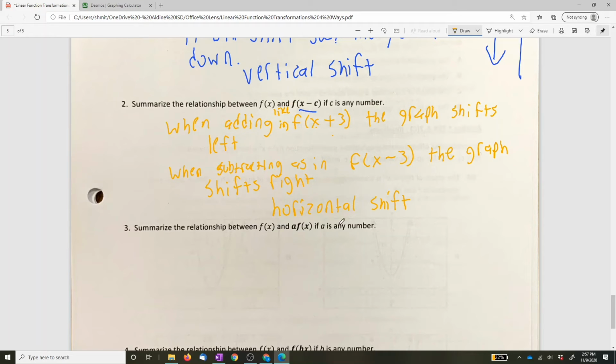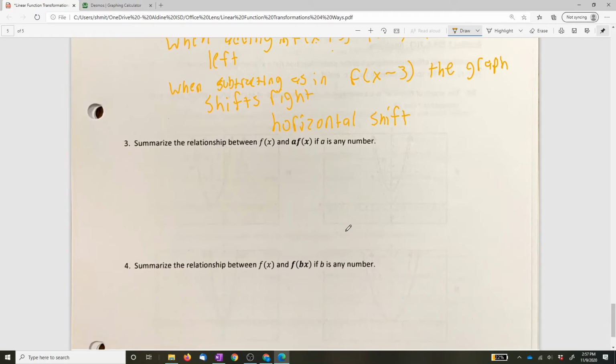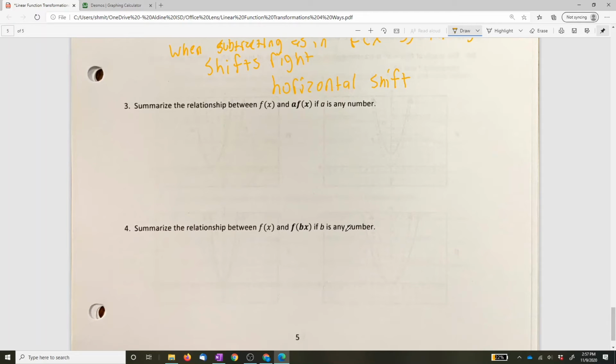All right, so we talked about the vertical shift, we've talked about the horizontal shift. Now we have this one, when multiplying by a scale factor outside of the parentheses, it's going to change the slope and the y-intercept.